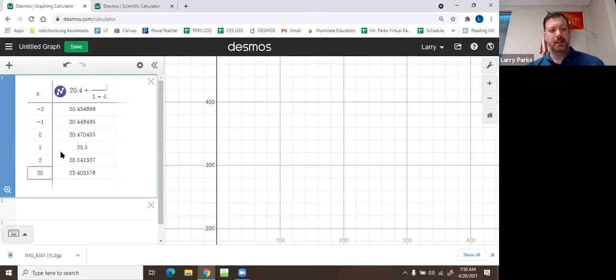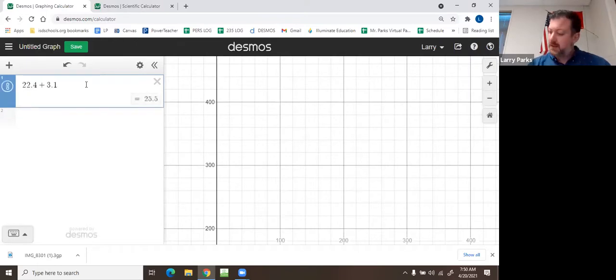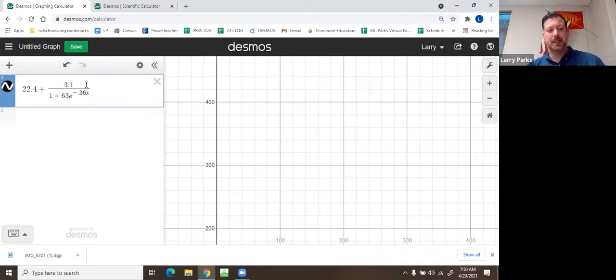For men, I have to type it in. The equation was slightly different. It was 22.4 plus 3.1 divided by 1 plus 63 e to the negative 0.36 t, but instead of t, I'll put x.